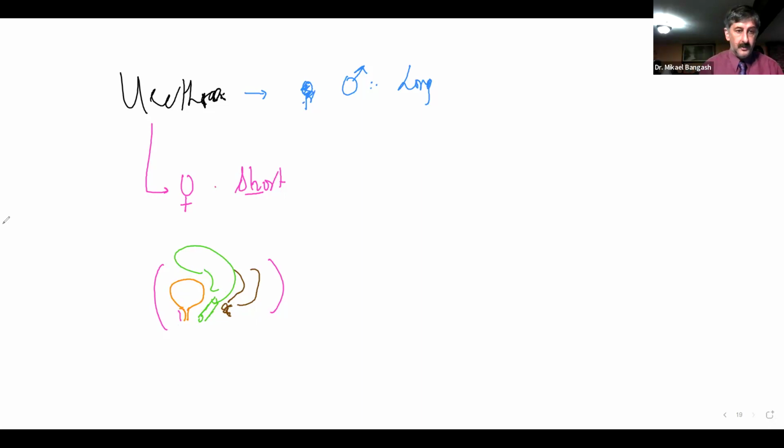Now, in contrast, if we look at a male pelvis, of course he is going to have an anus.